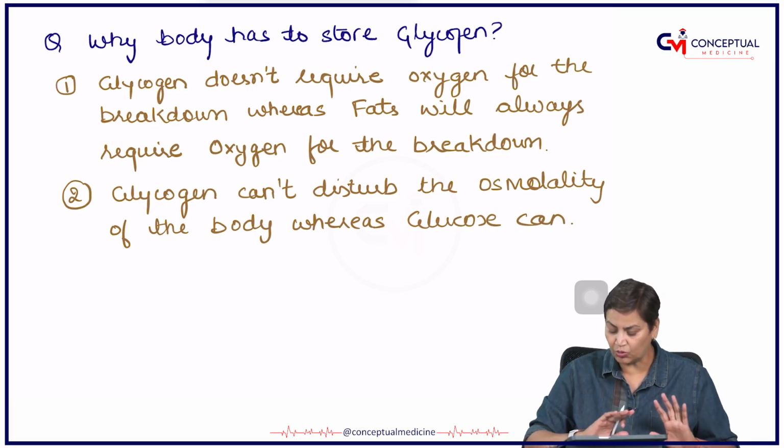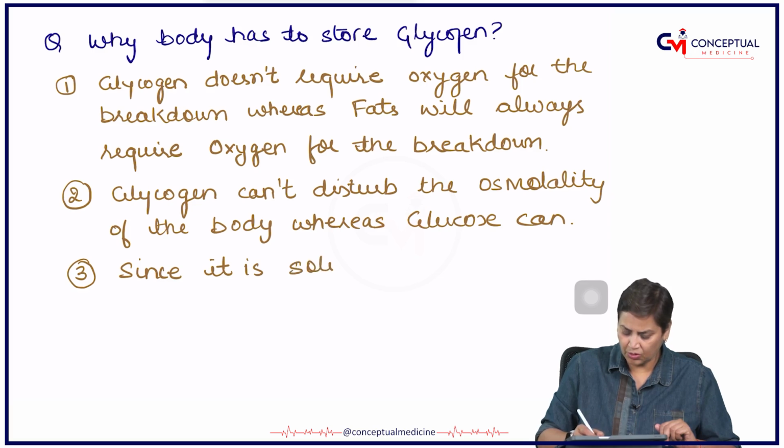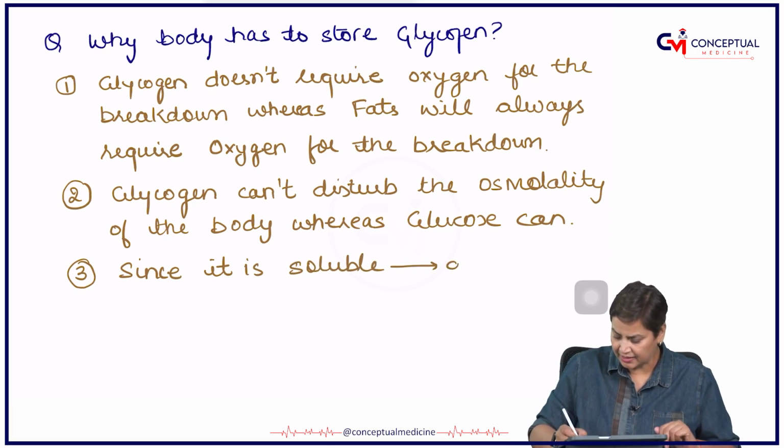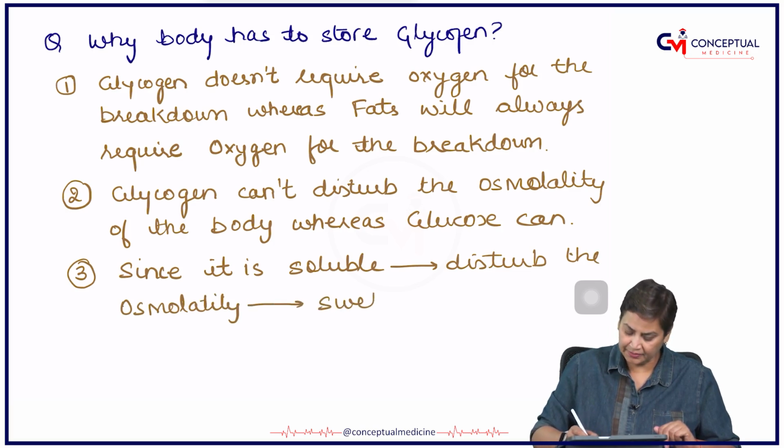So if I say that glucose is highly soluble in water, obviously it is going to disturb the osmolality. And since it is soluble, it will disturb the osmolality, thereby leading to swelling and death.